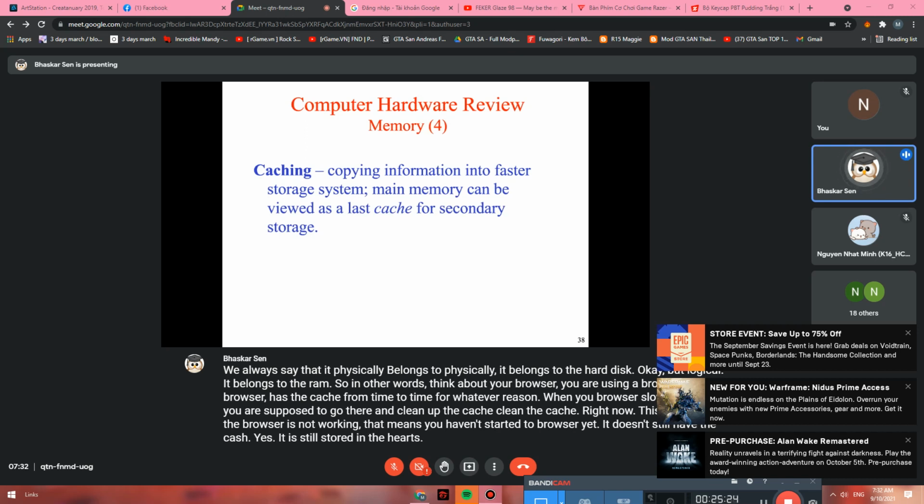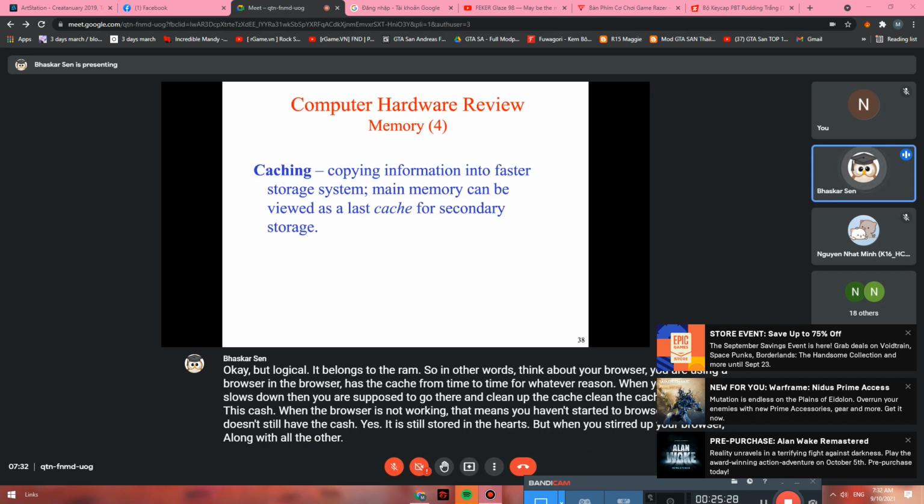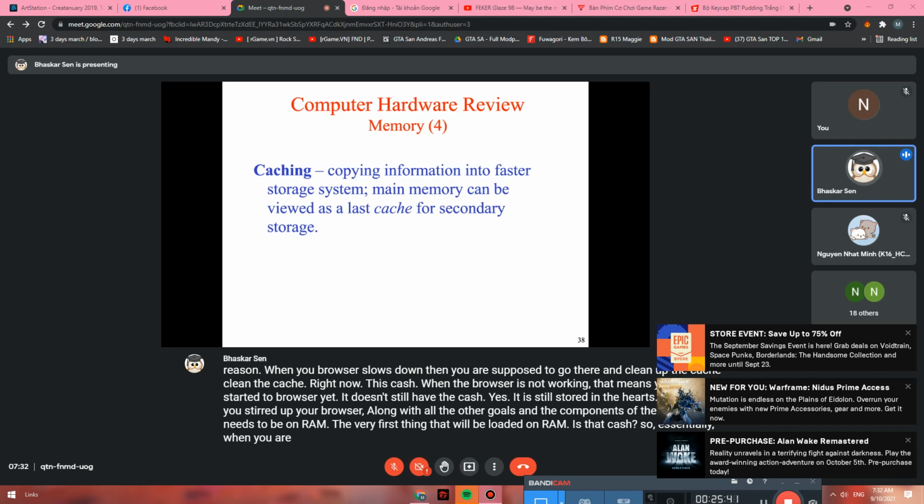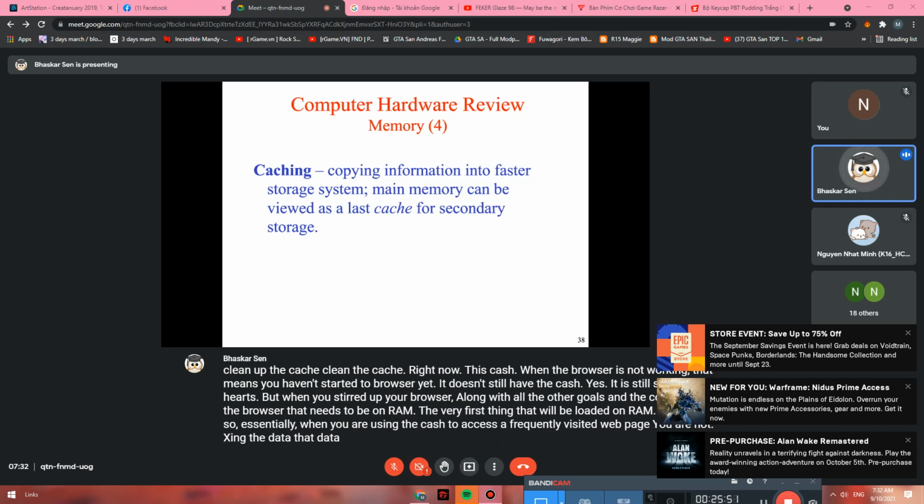But when you start up your browser, along with all the other code and components of the browser that need to be on RAM, the very first thing that will be loaded on RAM is that cache. So essentially, when you are using the cache to access a frequently visited web page, you are not accessing that data from the hard disk anymore.